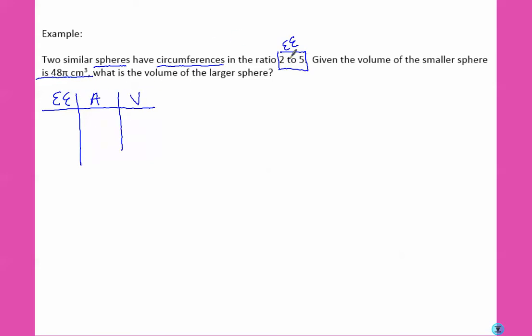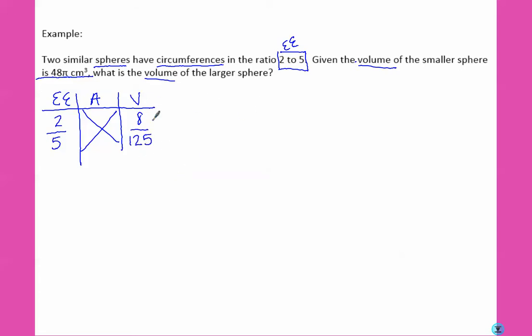We said that our scale factor ratio is 2 to 5. We just want to know about volume, so we don't even need to worry about the area column. We're going to cube each of these, so 2 cubed is 8, and 5 cubed is 125.